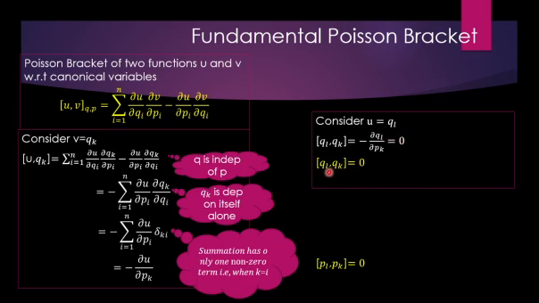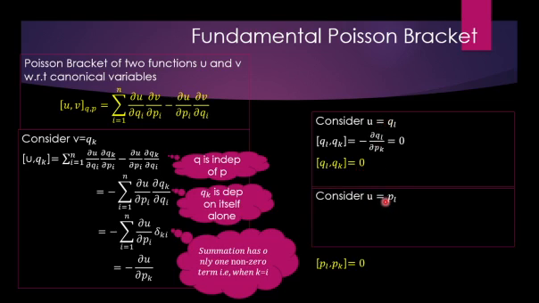That is our first fundamental Poisson bracket. A coordinate, if it is taken with itself or any other coordinate, then the Poisson bracket will be equal to 0.